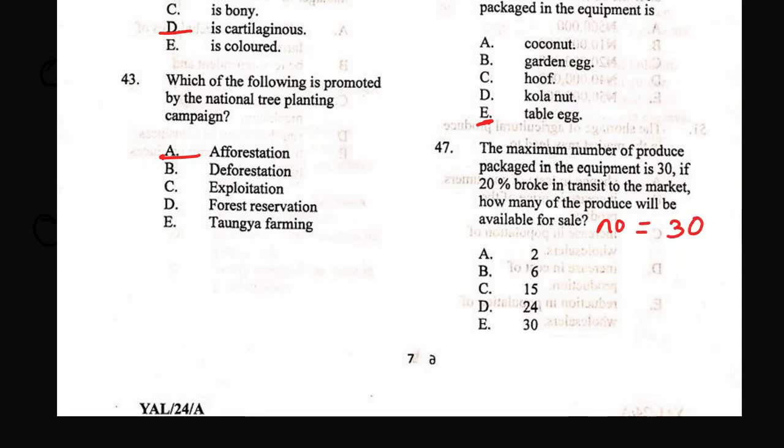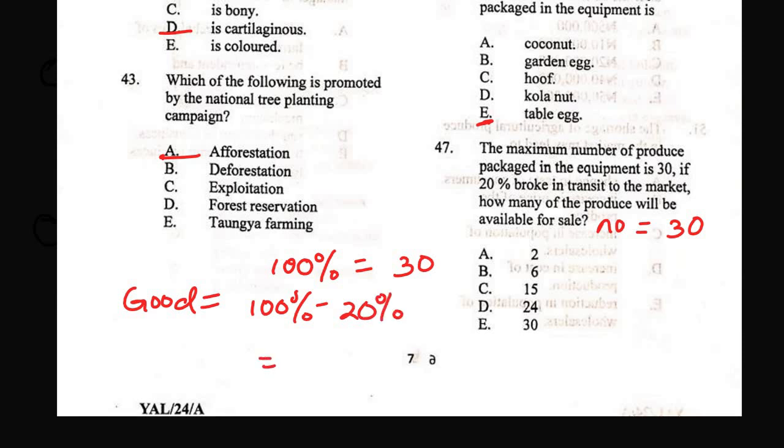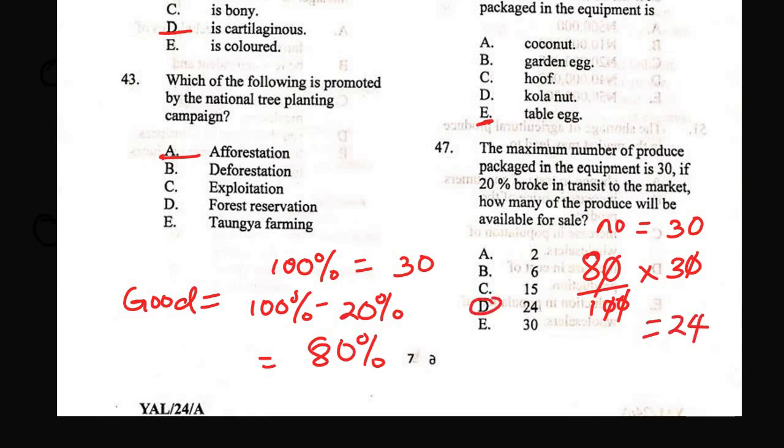In mathematics, 100% means everything, so 100% is 30. 20% broke, so the good ones will be 100% minus 20%, which is 80%. So 80 out of 100 times the total number of 30 will be sold in the market. 0 cancels 0, and 8 times 3 is 24. So the right answer is D.